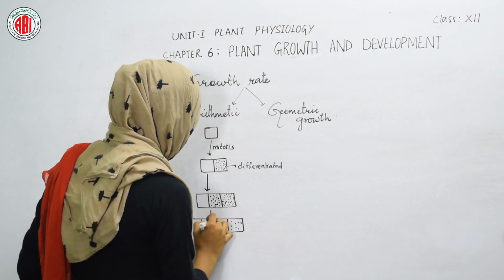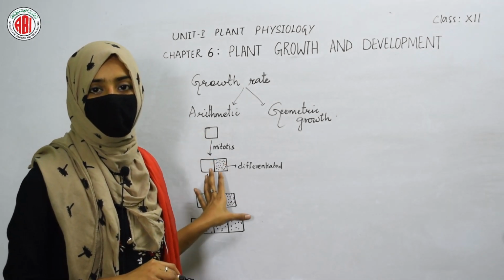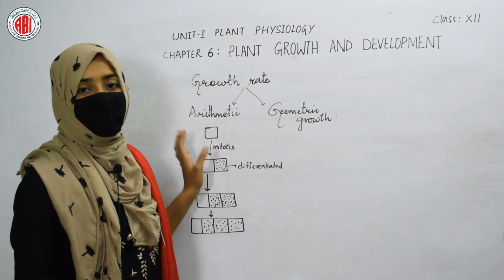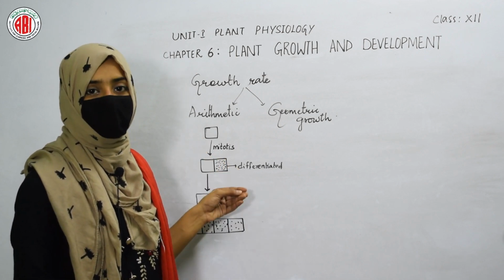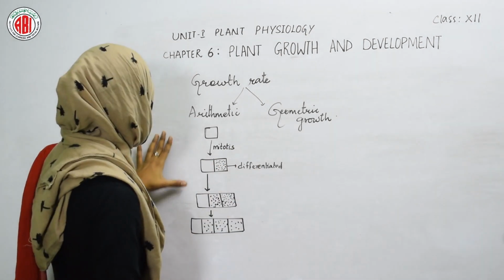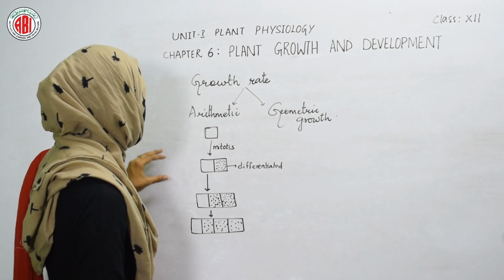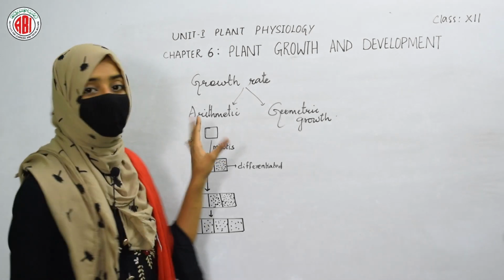In this way, one cell is always dividing to add up the cells, and the other cells become specialized to perform different functions in the plant body. So this is how arithmetic growth takes place.